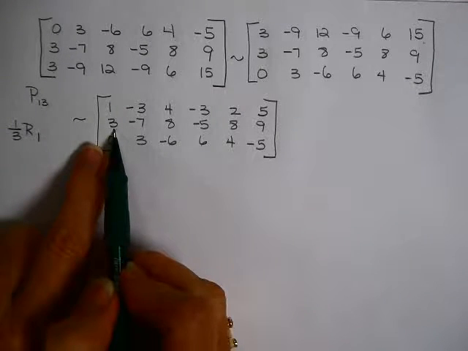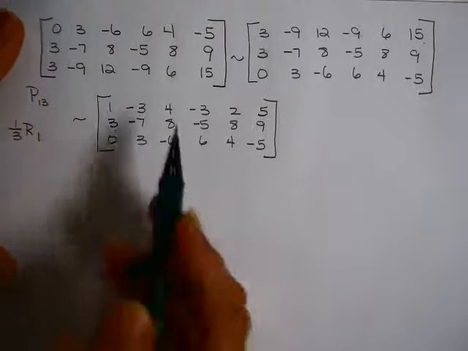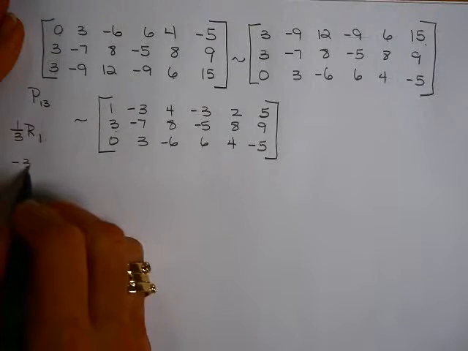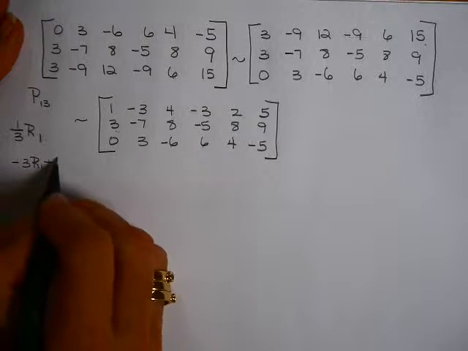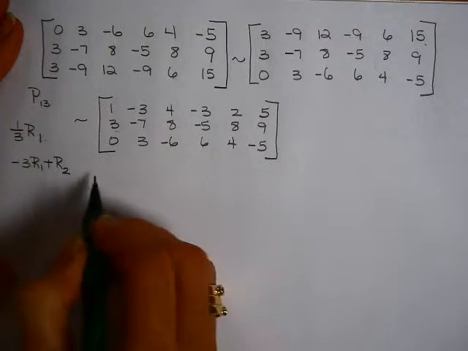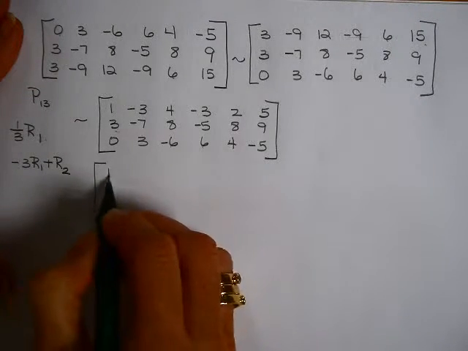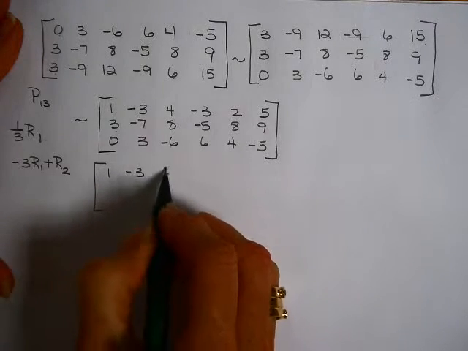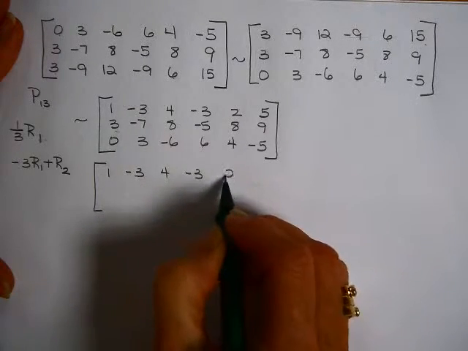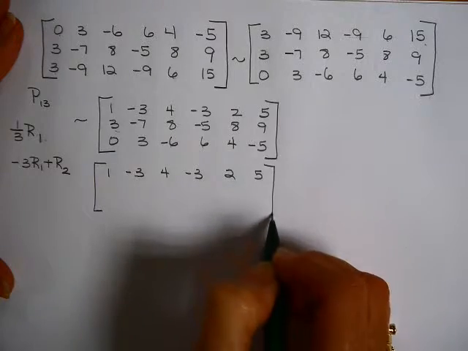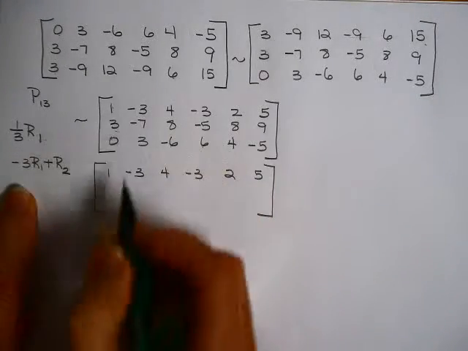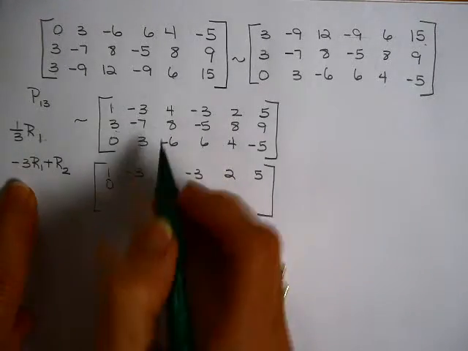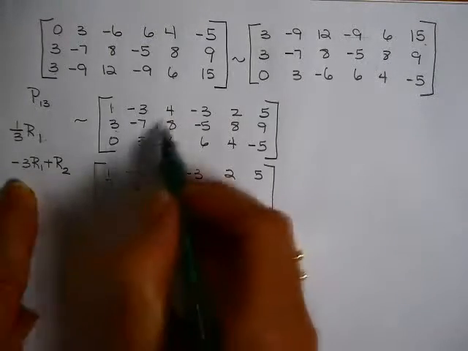Okay, I need to get a 0 in this position right here. All right, multiply negative 3 times row 1 and add it to row 2. Does row 1 change? No. Just rewrite it. All right, negative 3 and 3 is 0. 9 minus 7.